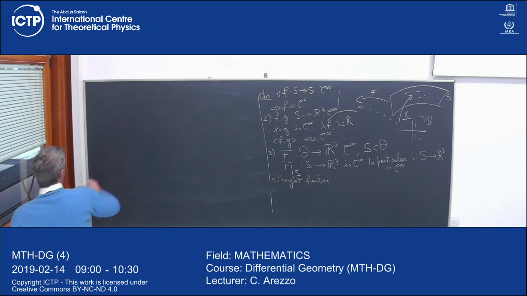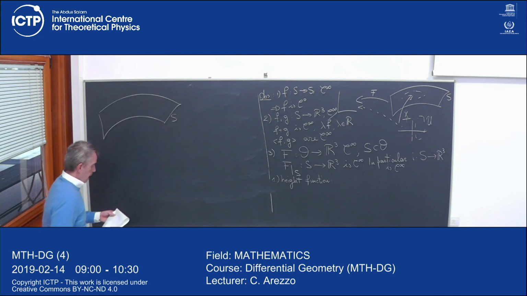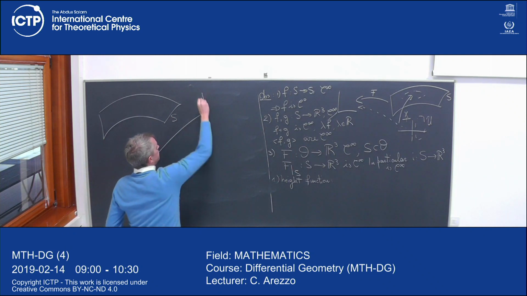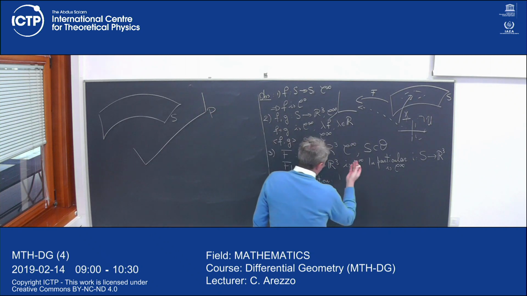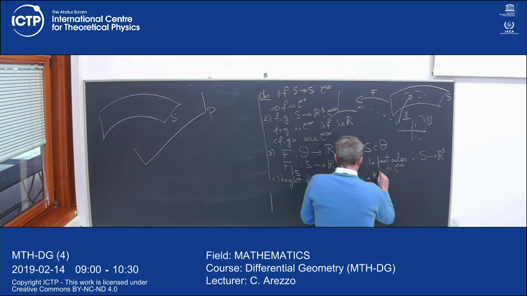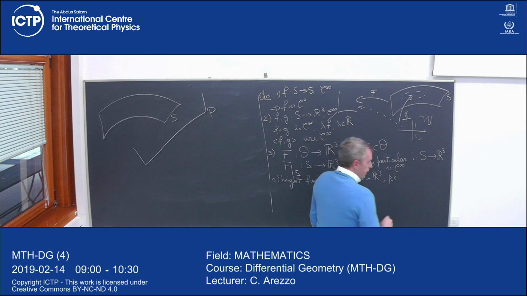You take your surface S. You pick a plane, any plane, P. So P is a plane, S is a regular surface, I don't even write it, but P is a plane in R3. That's fixed notation. I take one given point, just as a reference point on this plane, P naught.